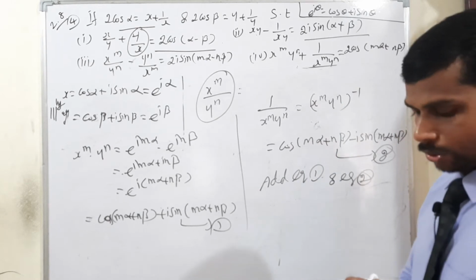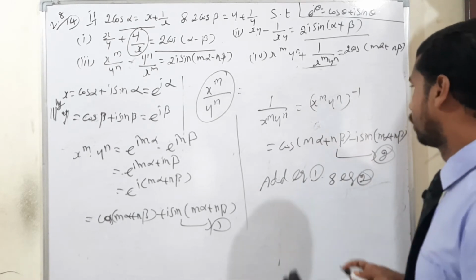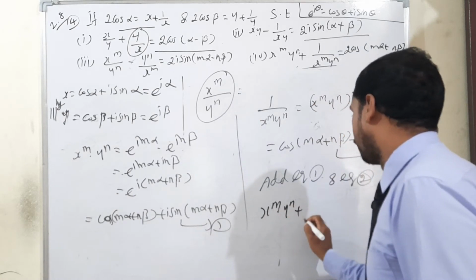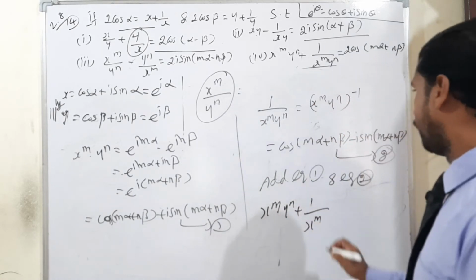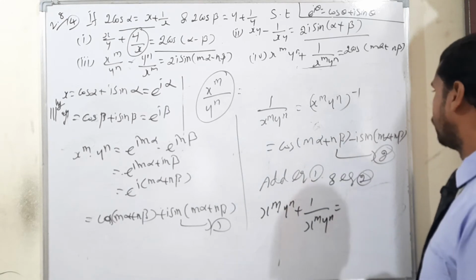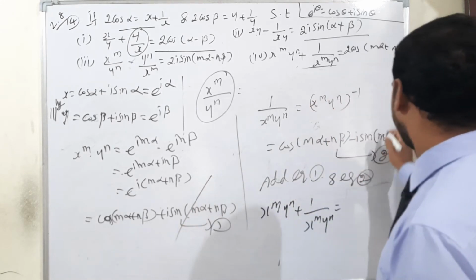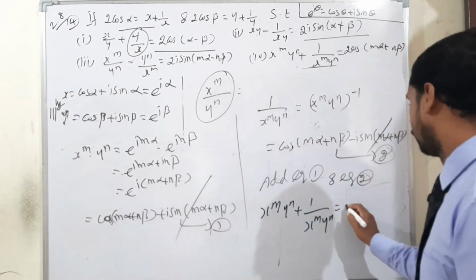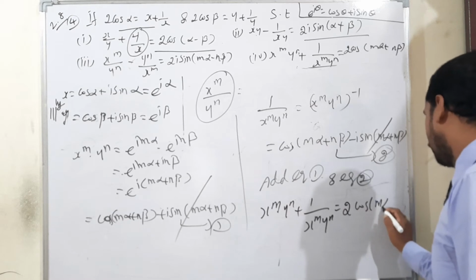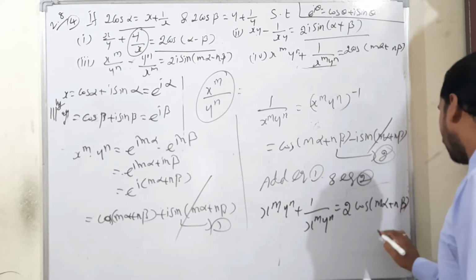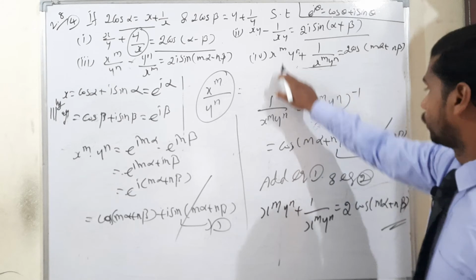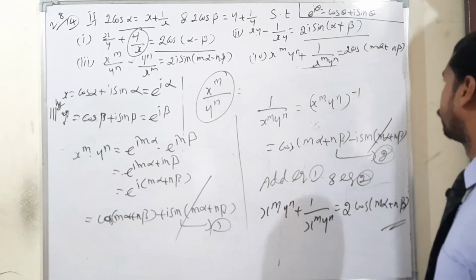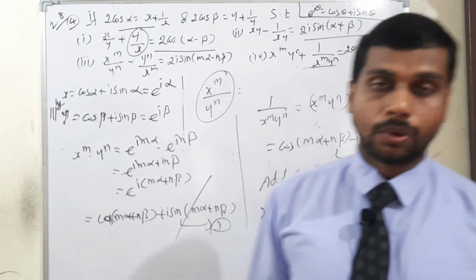Equation 1 and equation 2 means x to the power m into y to the power n plus 1 divided by x to the power m into y to the power n is equal to, plus i sin and minus i sin of m alpha plus n beta cancel, cos plus cos means 2 cos of m alpha plus n beta. See, fourth one: x to the power m into y to the power n plus 1 by x to the power m into y to the power n is equal to 2 cos of m alpha plus n beta. Okay, fourth condition also clear.